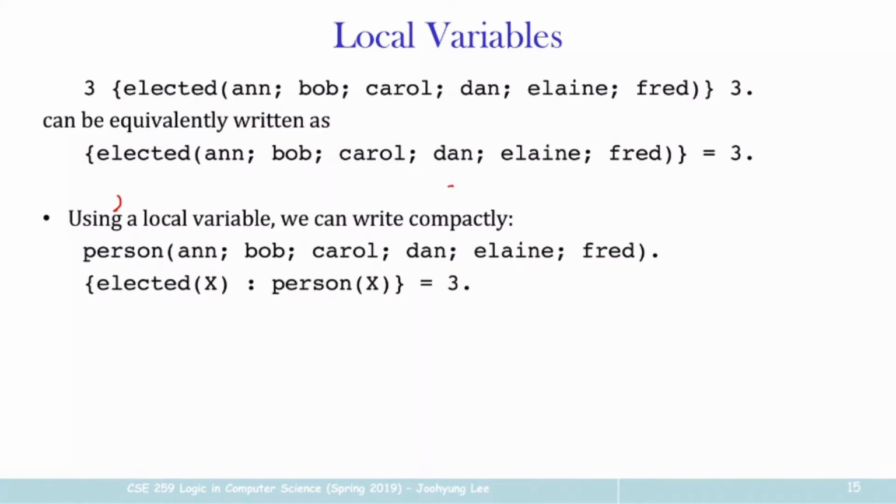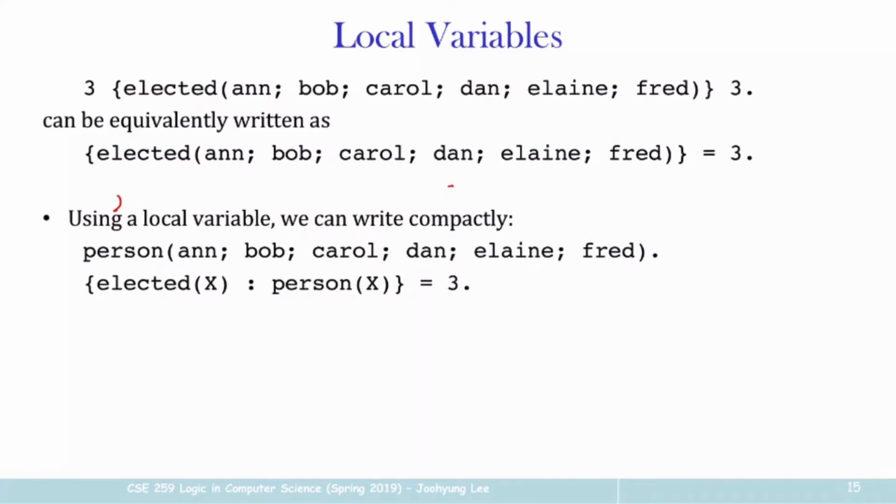Now, you can write this more succinctly if you know these as database facts. So you know all the people's names. Just write it as one predicate using this pooling. And then here we say X ranges over the person X. And among them, you have to choose 3.